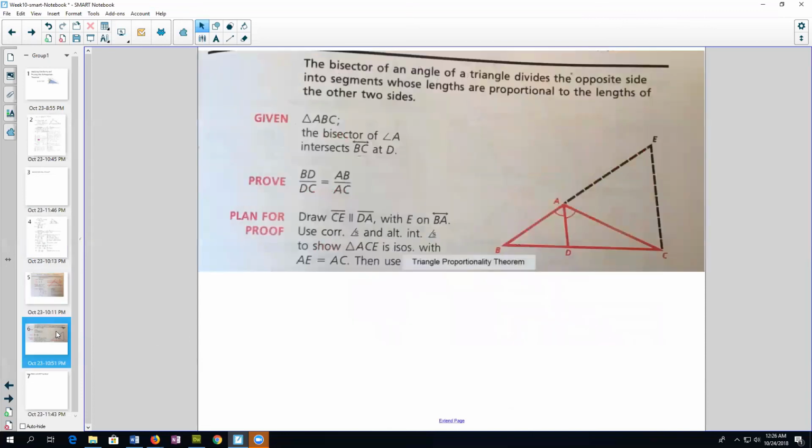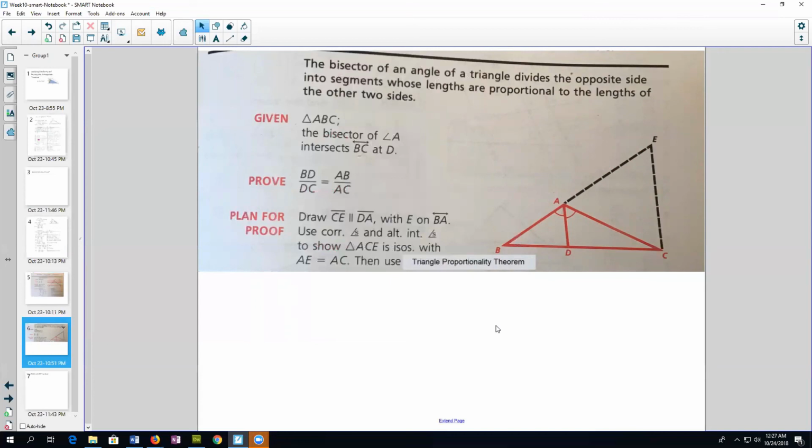The final theorem I'd like to look at is the Angle Bisector Theorem. Let's take a look at this statement. Once again, the black line is part of the proof, but not part of the theorem itself. We start out with a triangle ABC, and we have an angle bisector.